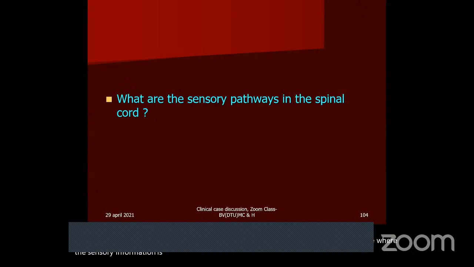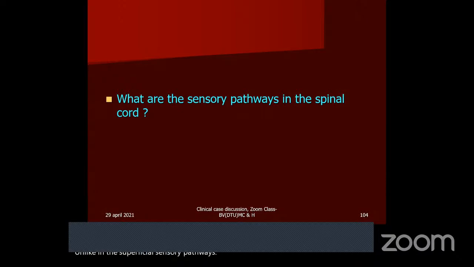The other sensation is vibration and joint position sense, which is very important for maintaining our erect posture and our muscle tone and so on. It is also conducted by the receptors. They generate action potentials. These action potentials get conducted to the dorsal root ganglion. The central process, unlike in the superficial sensory pathways, doesn't synapse.